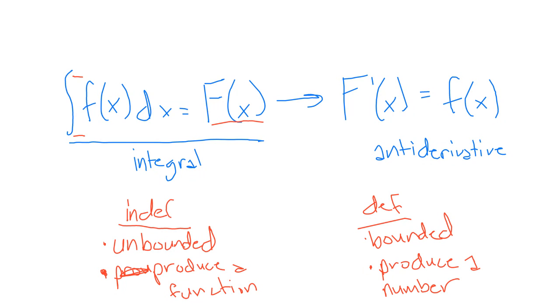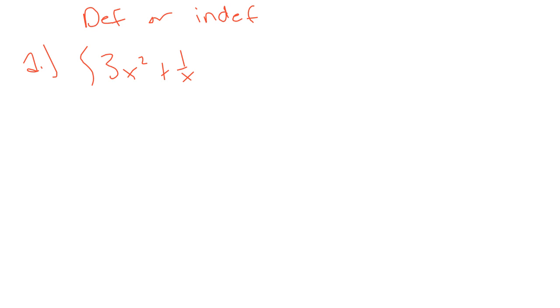Now that we have that, I'm just going to do a quick little thing to show you, to say whether or not they are definite or indefinite. Just a couple quick examples. For part A, we're going to have the integral of 3x squared plus 1 over x dx.